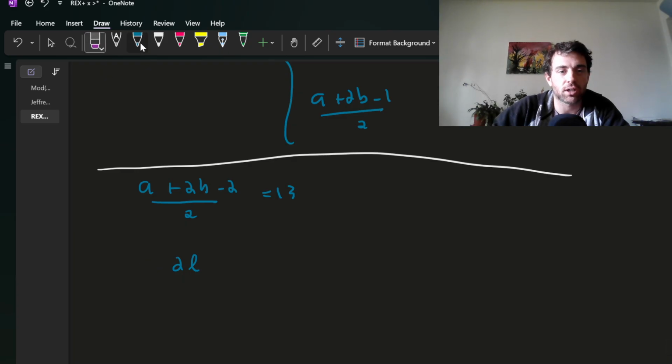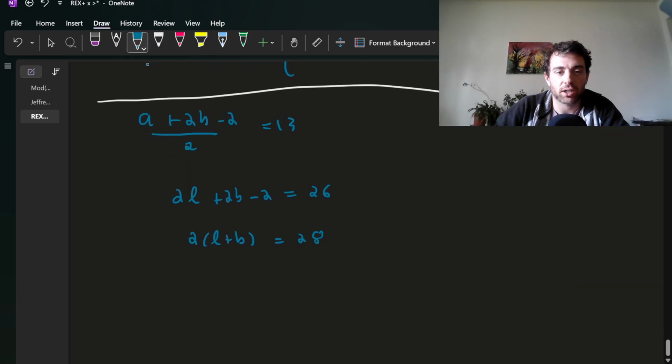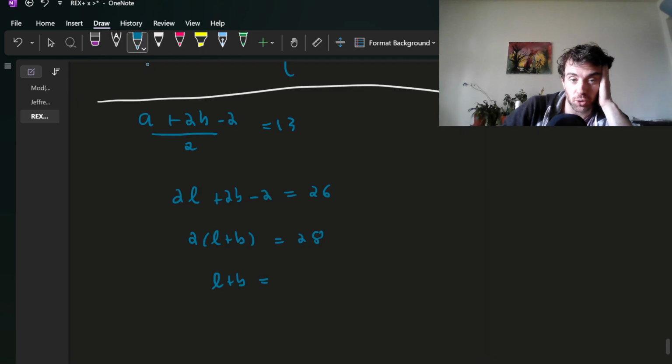We can write it as 2L. So 2L + 2B − 2 equal to 26. That would be 2 times (L + B) equal to 28, so L + B equals 14.